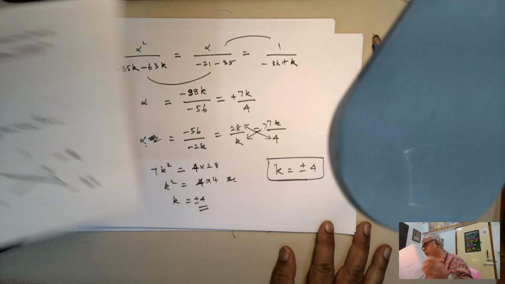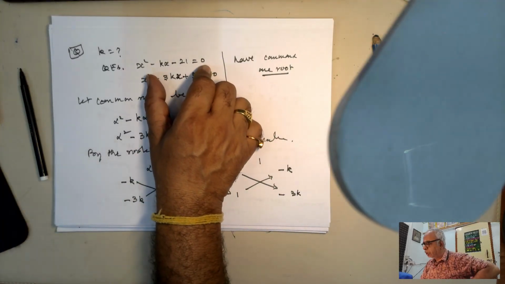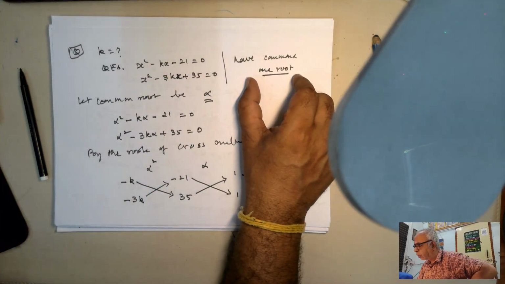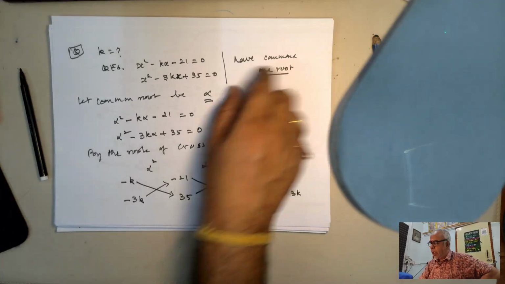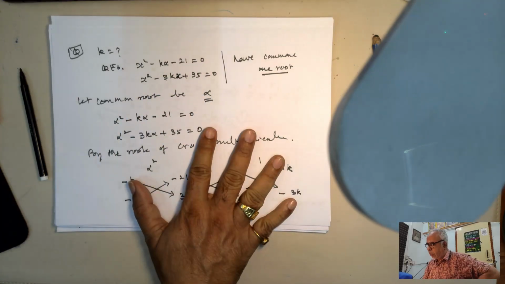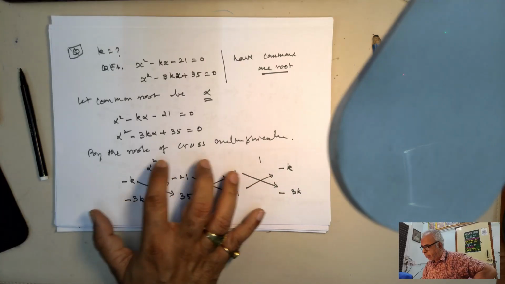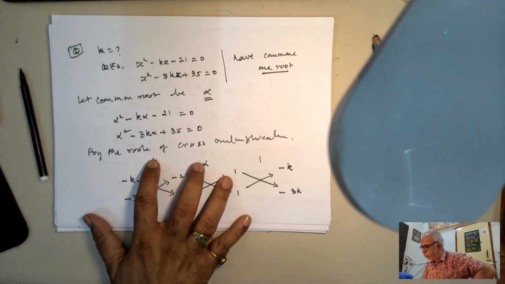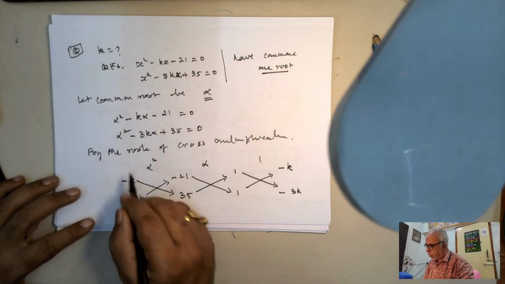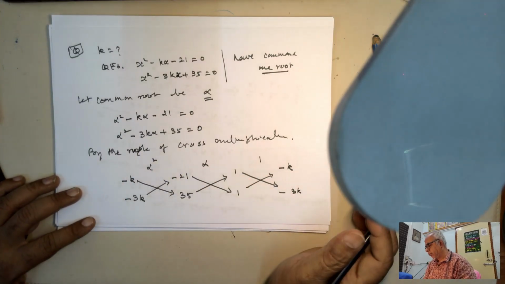Okay, so let me repeat. What is the strategy here? They are given two quadratic equations that have one common root, that is alpha, and we need to evaluate this k. So what is the major strategy we apply here? We go by the rule of cross multiplication.